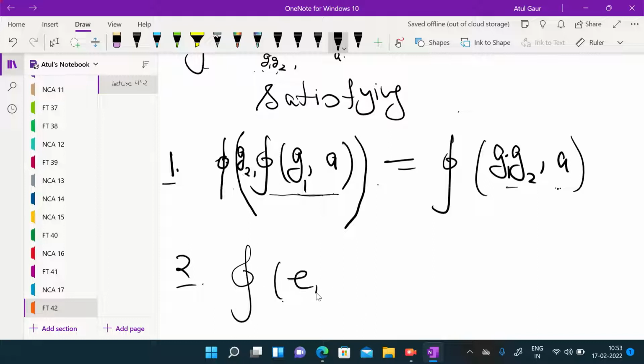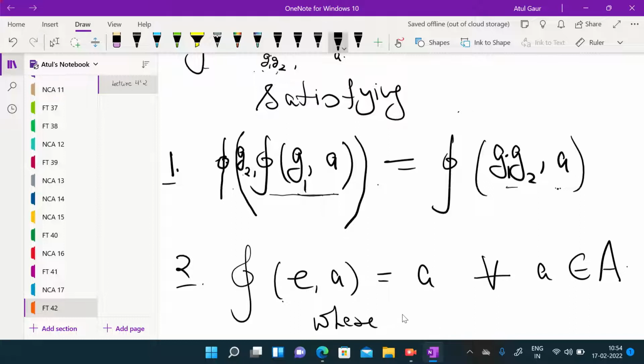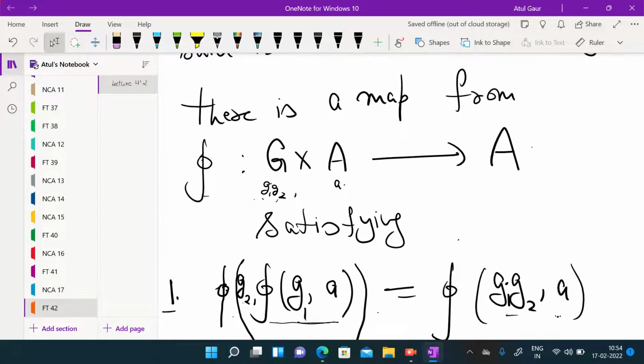So phi(e, a) should be a for all a in the set A, where e is the identity element in G. So any function from G cross A to A satisfying these two properties is called a group action of the group G on A, an action of the group G on a set A.